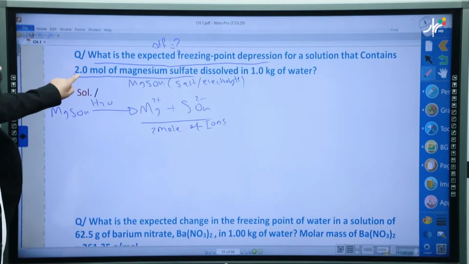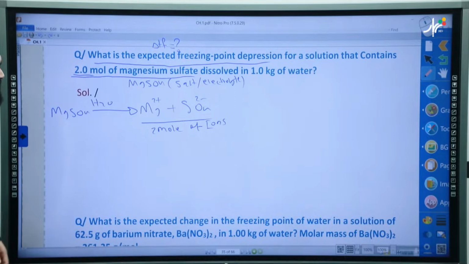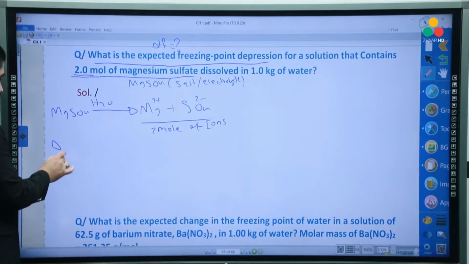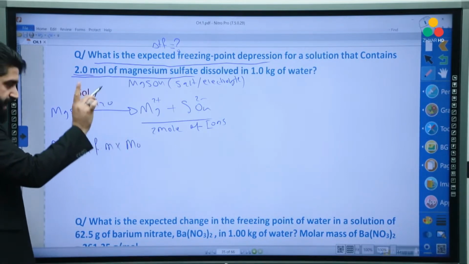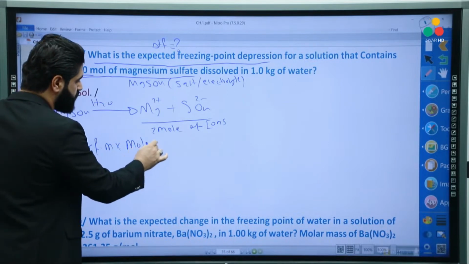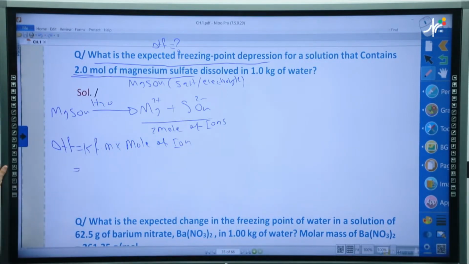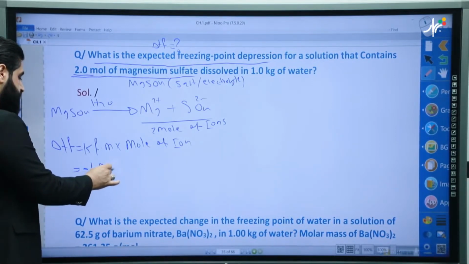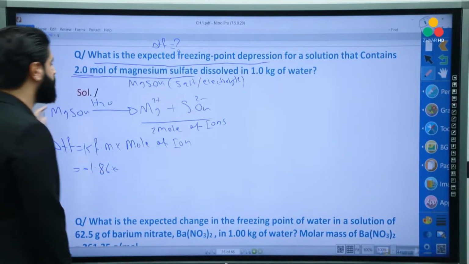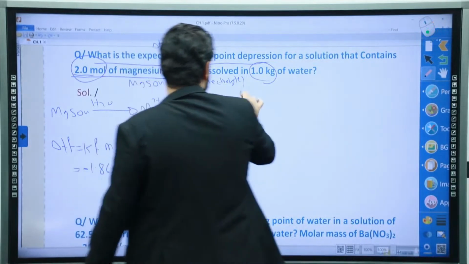If we dissolve 2 moles of magnesium sulfate in 1 kilogram of water, what is delta Tf? We know that. It's very easy. Delta Tf equals Kf times molality times blue part, don't forget, mole of ions. So delta Tf equals Kf for water, we knew that, it's 1.86 times molality. What is molality? So let's turn this information into molality.